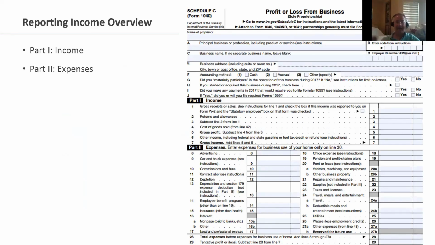All these categories that are listed are common categories, but it doesn't mean that business expenses are limited to only those types. There's a line down there, 27a, other expenses. If you go to page 2 of Schedule C and look at line 48, you'll see there's a bunch of open boxes where you can list whatever other type of business expense you might have that is deductible.